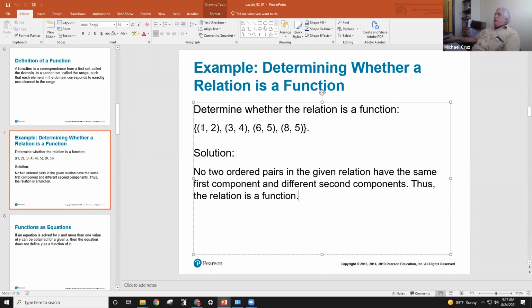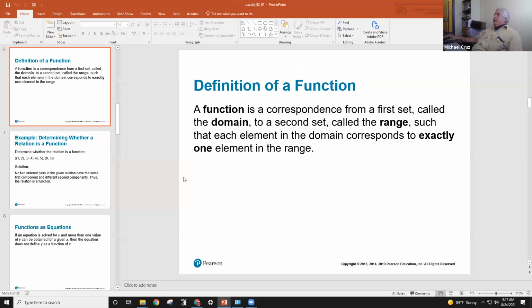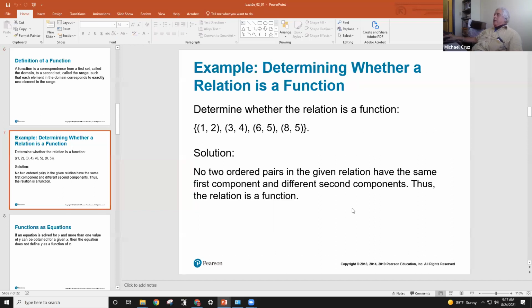And 1 goes to 2, 3 goes to 4, 6 goes to 5, and 8 goes to 5 as well. Now, no two ordered pairs in the given relation have the same first coordinate and a different second coordinate. Let me put in something that would break that rule and show you.